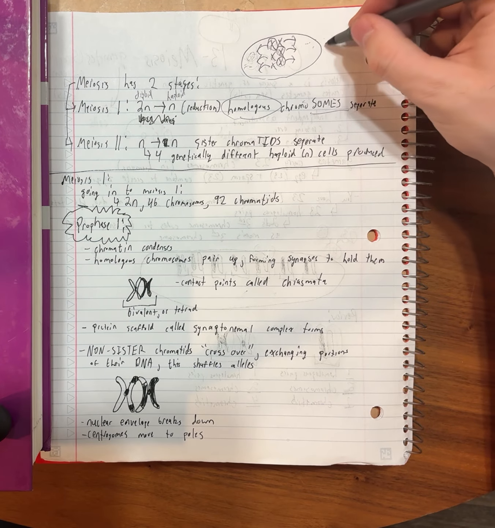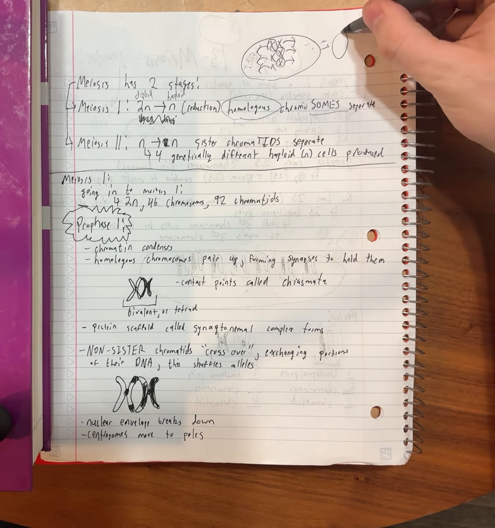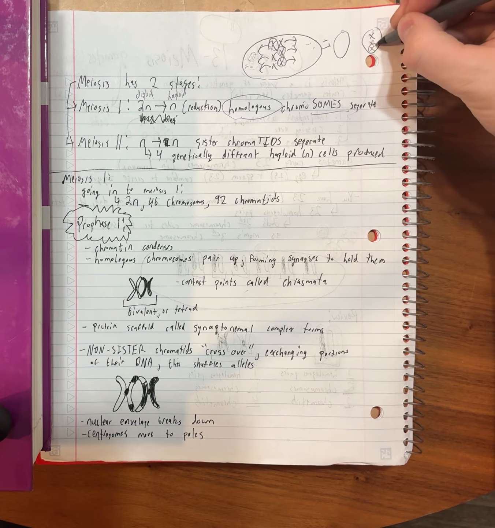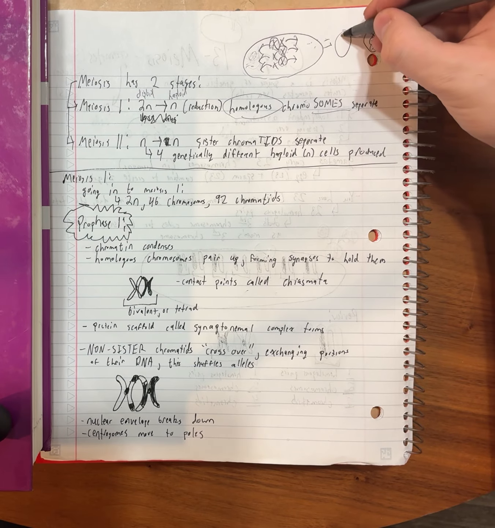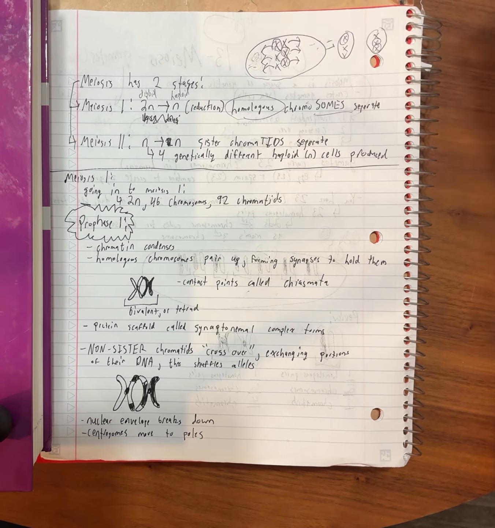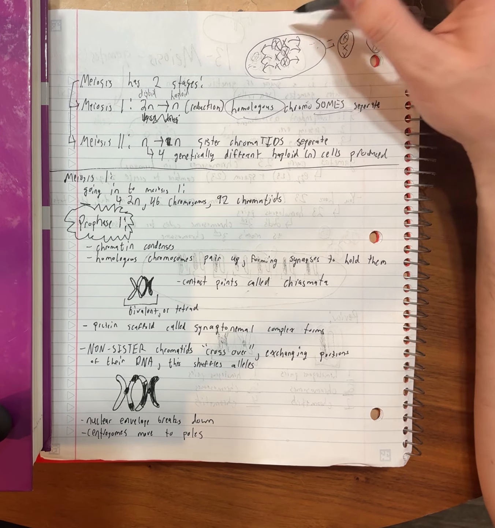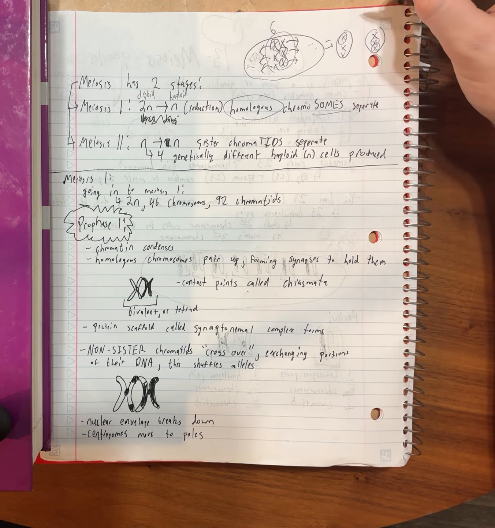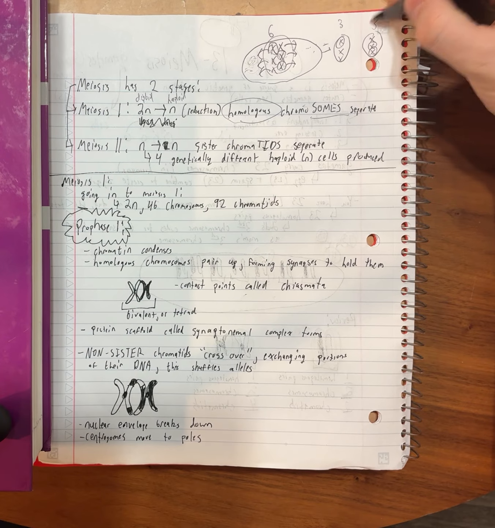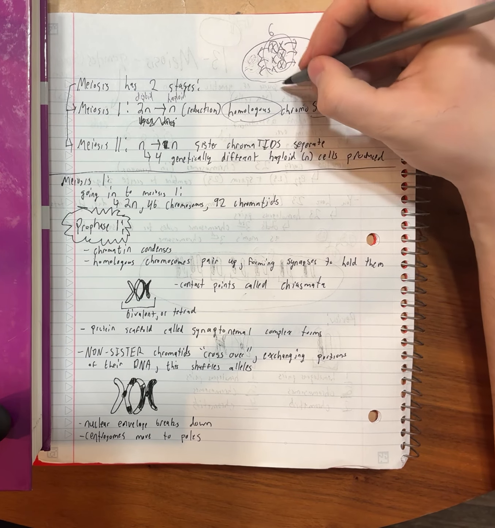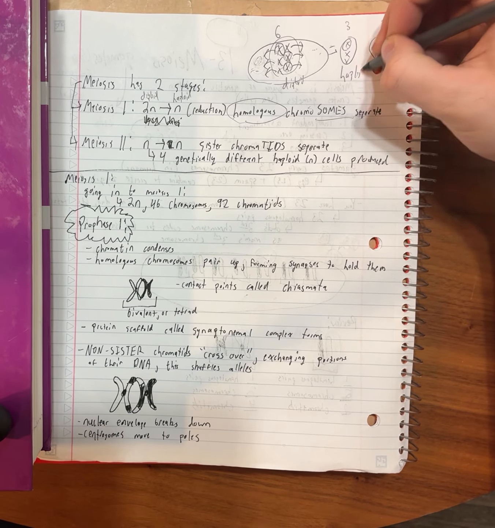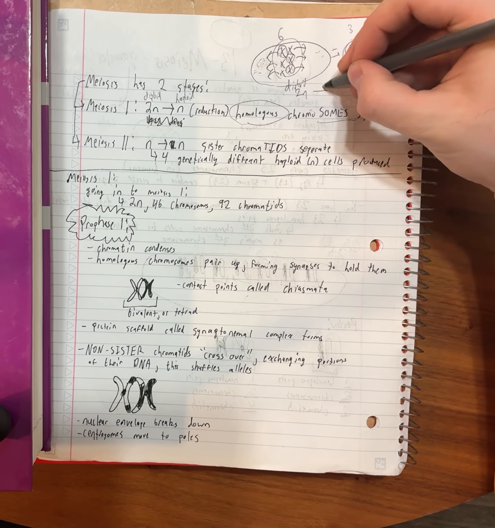So you're going to end up with 2 cells. And we have 2 mom chromosomes over here, but only 1 mom chromosome over here. And so you can see we've gone from 6 total chromosomes to 3 in each cell. So this would be the diploid cell producing 2 haploid cells, or 2N to N.